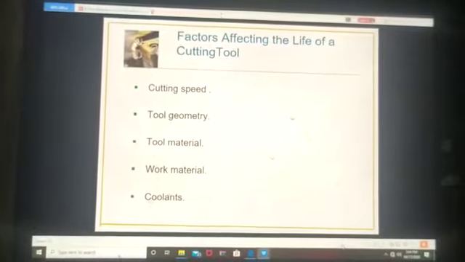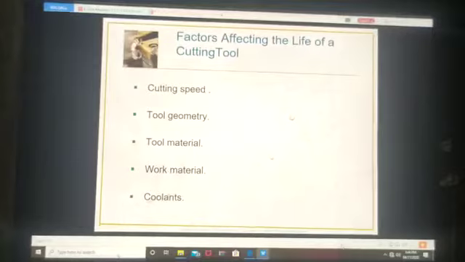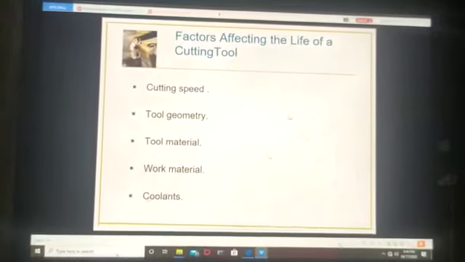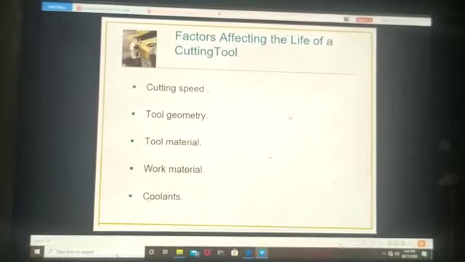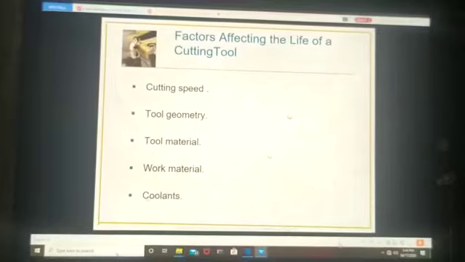Then tool geometry. In tool geometry there are different angles. If those angles are changed, the tool life is affected. Third, tool material.